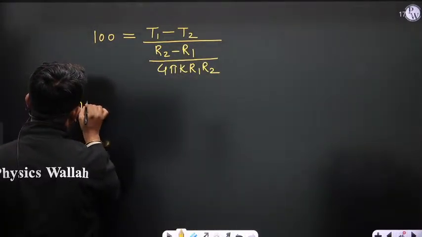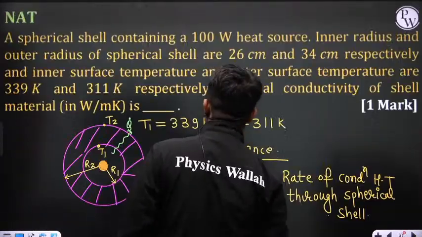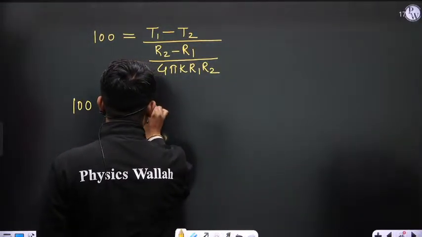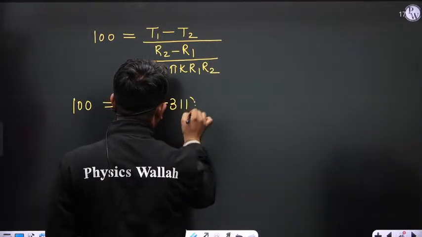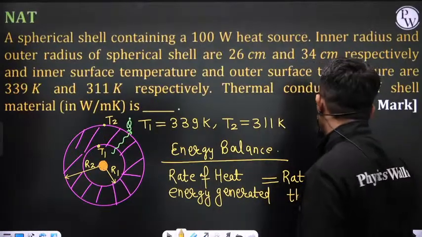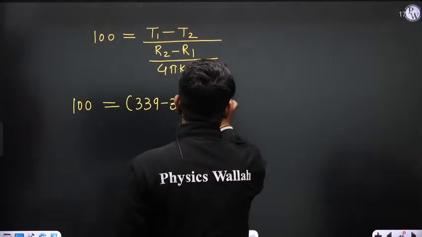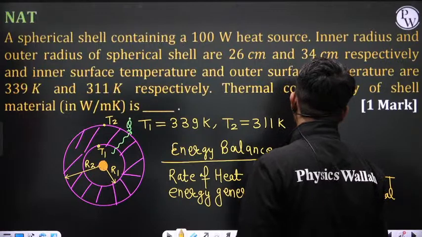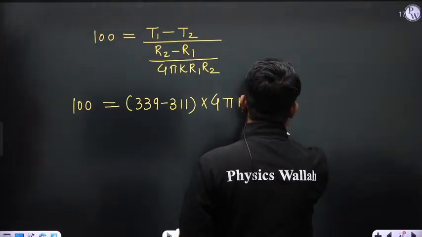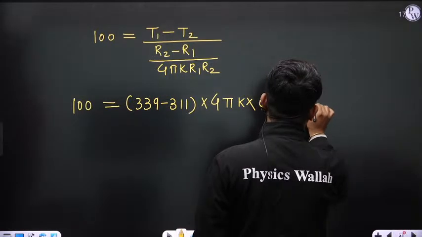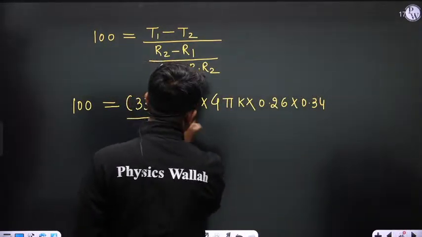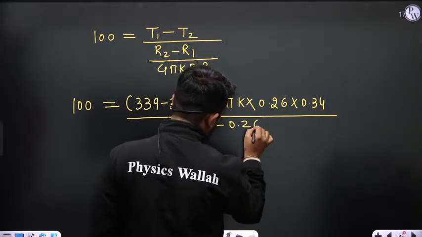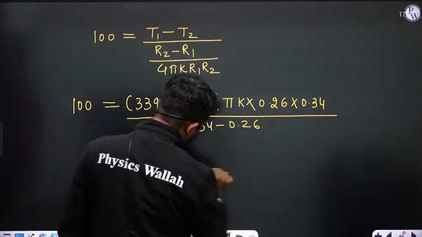So 100 is equal to T1 minus T2, that is 339 minus 311, into 4 pi into K into R1, 0.26, R2, 0.34, divided by 0.34 minus 0.26.